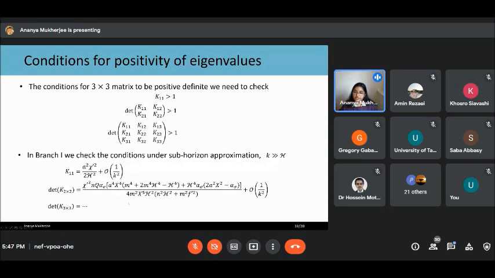So the full determinant of this matrix is a very large expression in the background quantities. So we are still trying to simplify that and find the condition for positivity of eigenvalues.